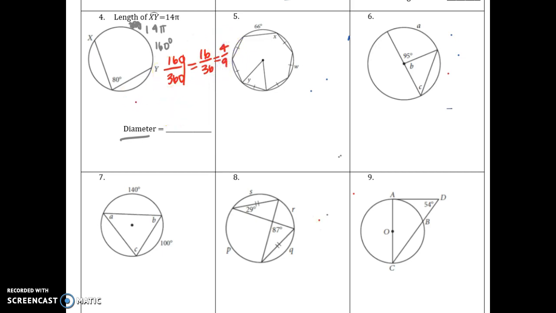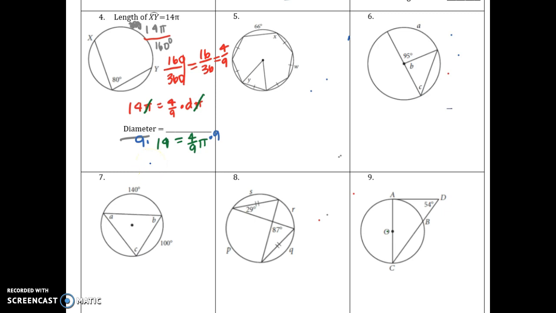And so I have my arc length, which is 14 pi, and it has to equal 4 over 9 multiplied by the circumference of my circle, which is diameter times pi. Now you can do whatever you want to get the diameter by itself. If you divide both sides by pi, the pi's cancel, so you're left with 14 equals 4 over 9 times the diameter. Then you can multiply to get rid of the fraction.